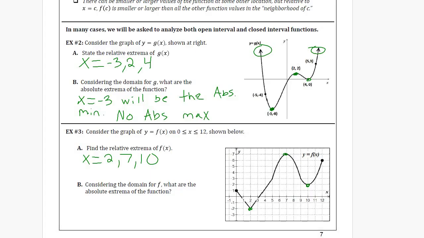Now, for our absolute, those can potentially be at endpoints, but they don't have to be. In this case, my lowest overall point is at x equals 2, the absolute min, and my tallest point overall is at x equals 7, the absolute max.